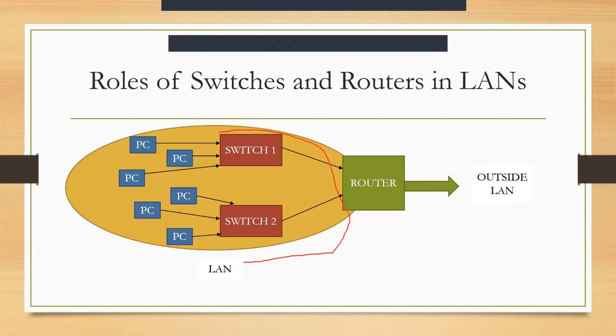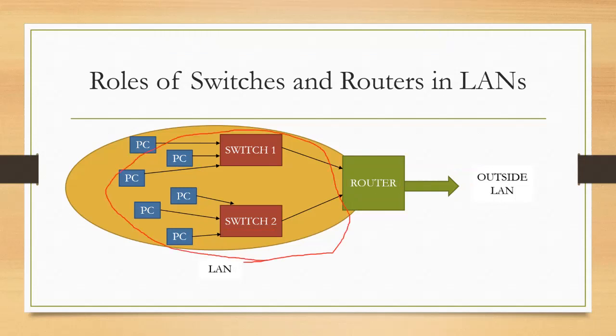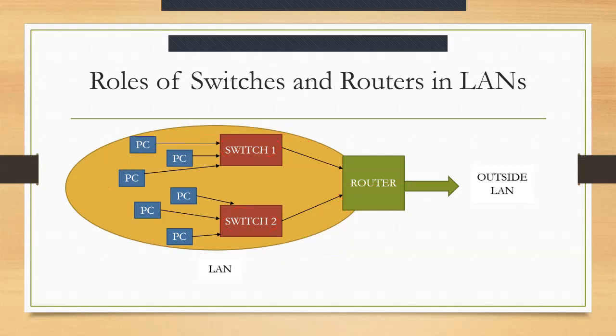This is called the before-router network because the data has to cross this router if it needs to communicate with the outside world. And this is called outside, or after the router. Please understand, switches operate inside the LAN and the router operates at the boundary. So the router has a LAN side as well as a WAN side. We have discussed LAN and WAN, so we should know what a LAN and a WAN are. I hope the idea is clear.